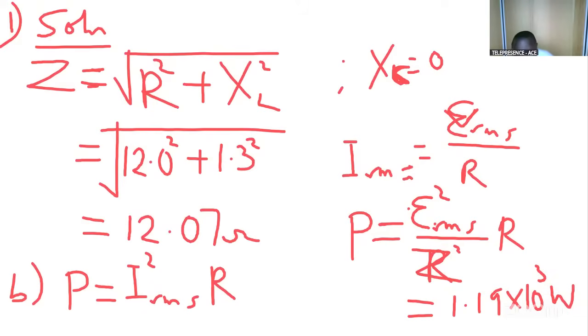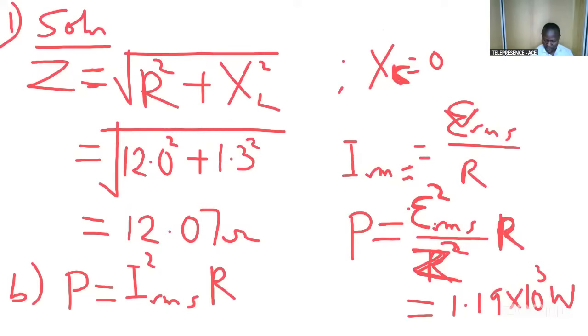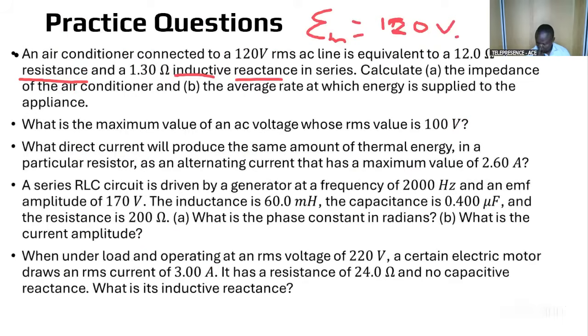You were given this one before. So substitute the values: 120 for V RMS.